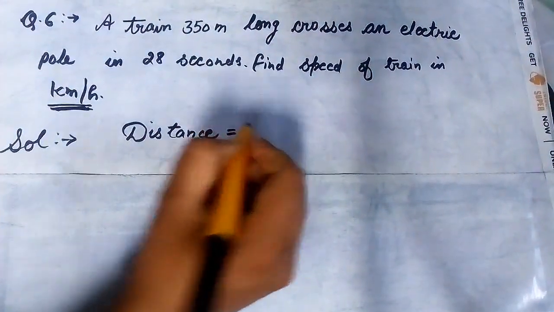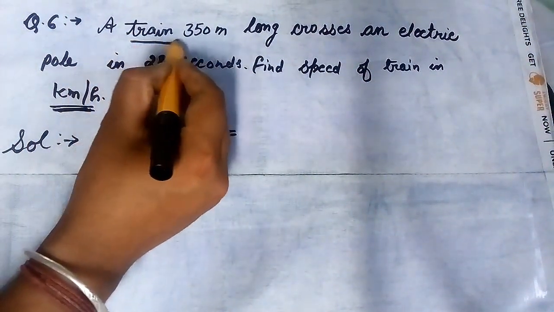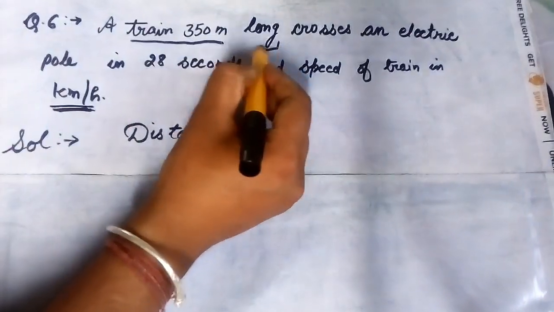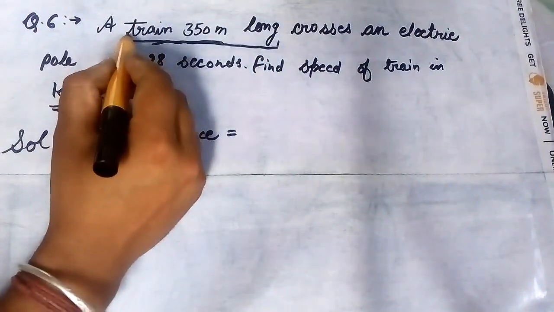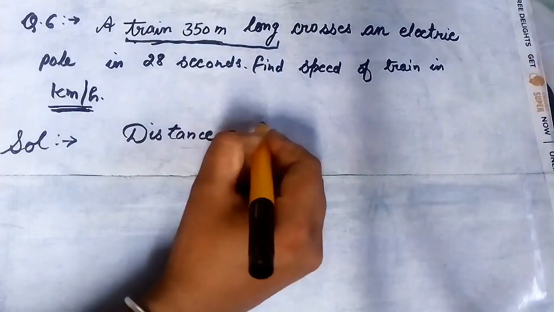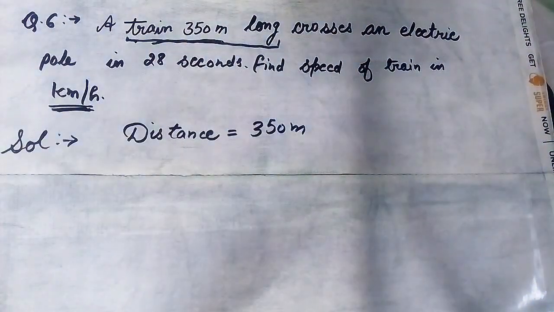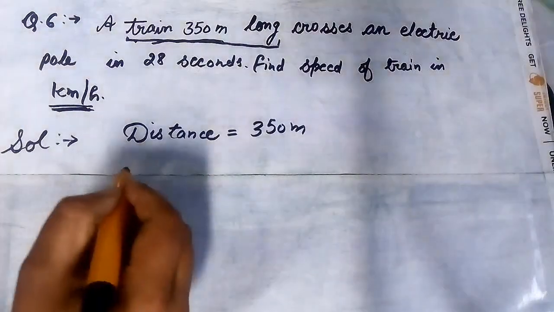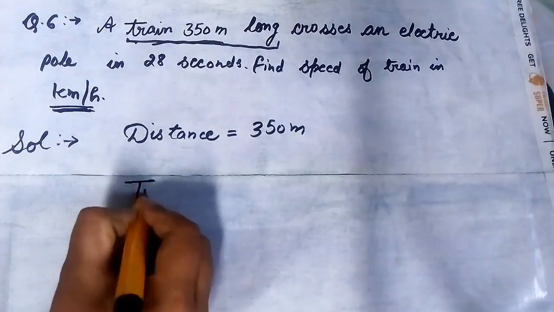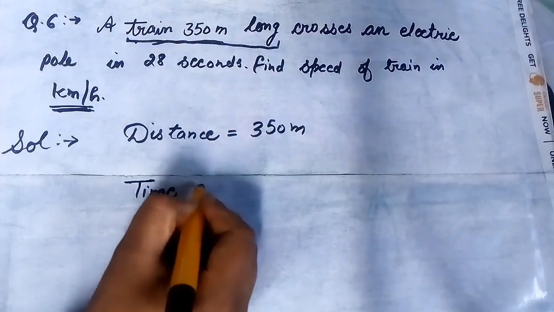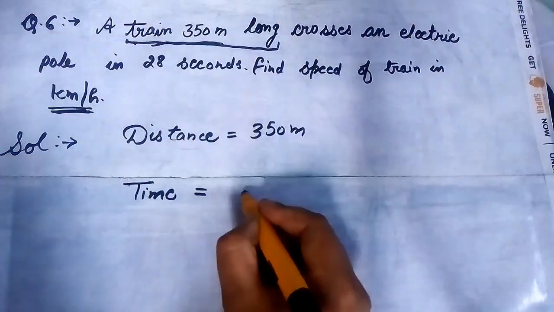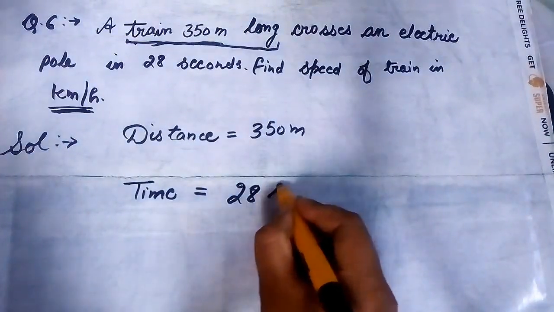So the distance is equal to the length of the moving object, that is, the length of the train is 350 meter, and it crosses an electric pole. So the electric pole will be taken as a point, and the time to cross it is 28 seconds.